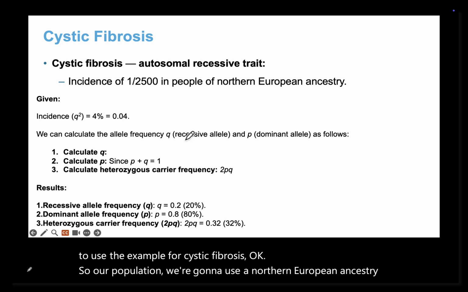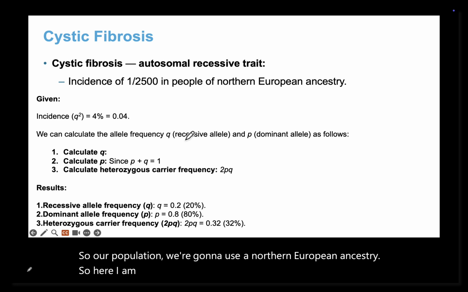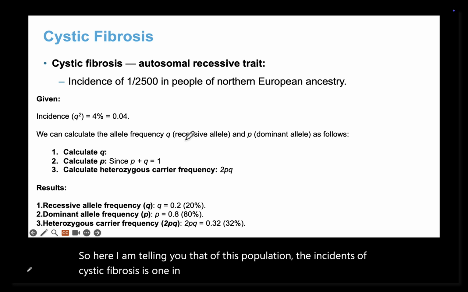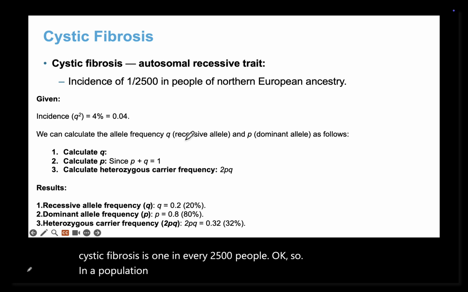So here, I am telling you that in this population, the incidence of cystic fibrosis is 1 in every 2,500 people. Okay? So in a population of 2,500 people, one person will be positive, will have cystic fibrosis.